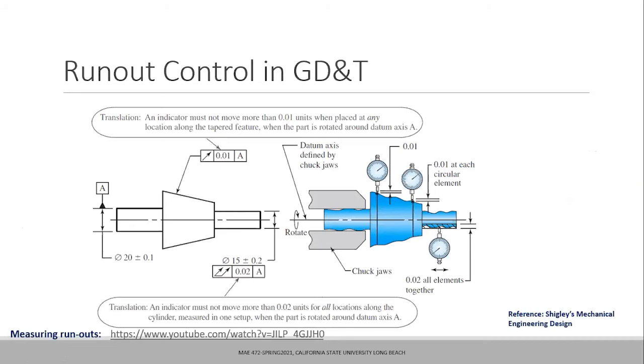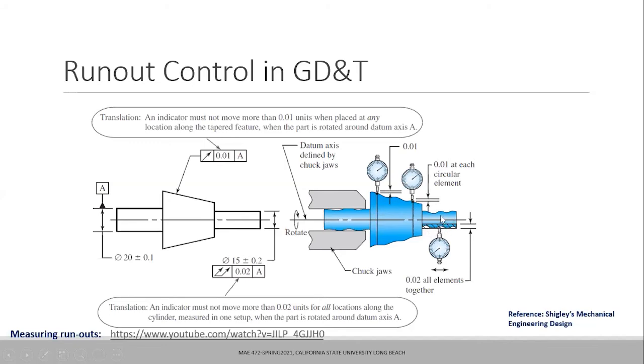Runout controls are the most favored controls when we are trying to inspect the cylindricity of an object. For example, if you want to make sure that this cylindrical object has a perfect form, you place it in the chuck of a lathe machine, rotate the chuck, and use a dial indicator to measure the offset over a complete 360-degree rotation.